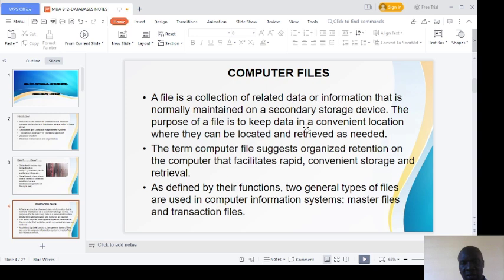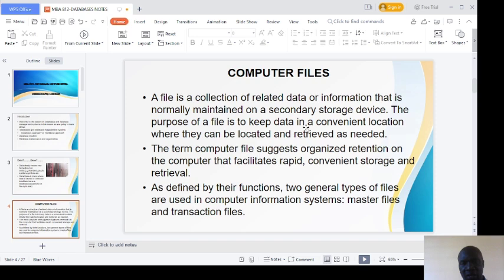Now, we have two different types of computer files. These are classified according to the way the files are used in the information system. We have the master files, and we also have the transaction files. So let's look at these files.